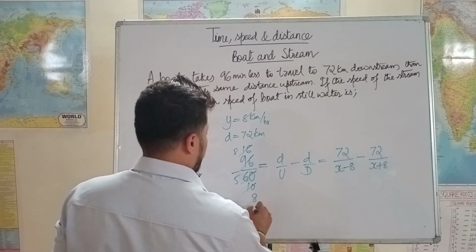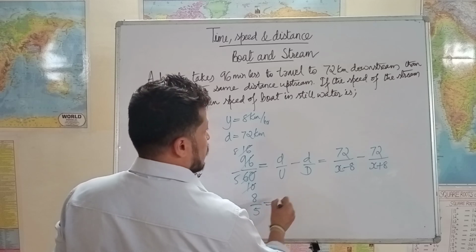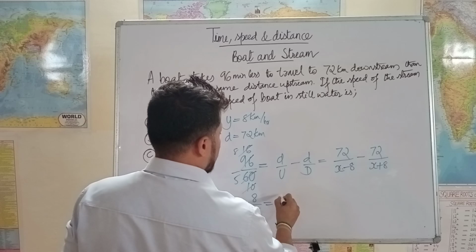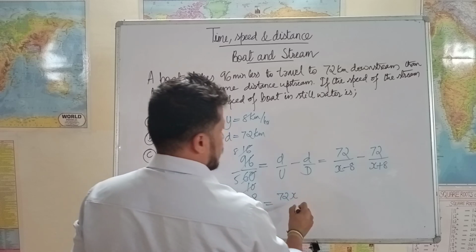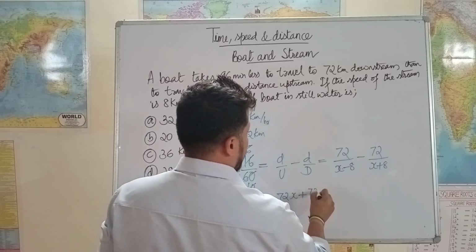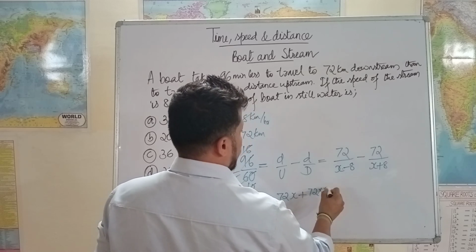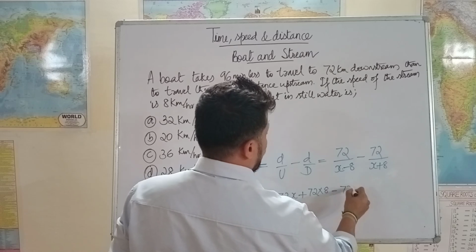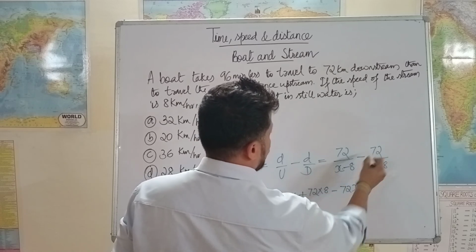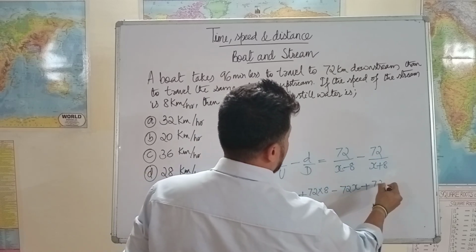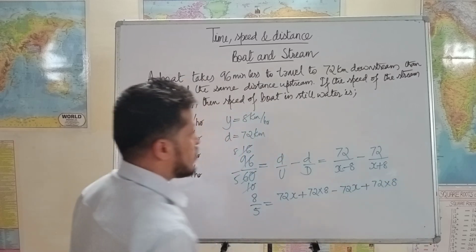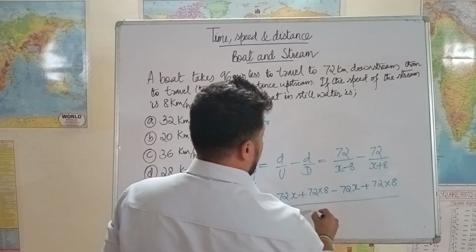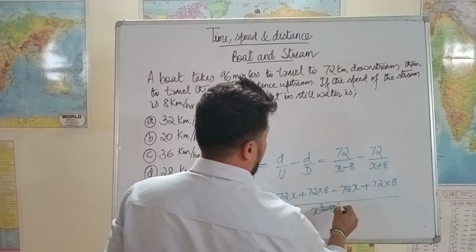so 8 by 5 is equal to this, cross multiply: 72x plus 72 into 8, minus 72x, minus into minus is plus 72 into 8, divided by x plus 8 into x minus 8, that is x square minus 8 square.